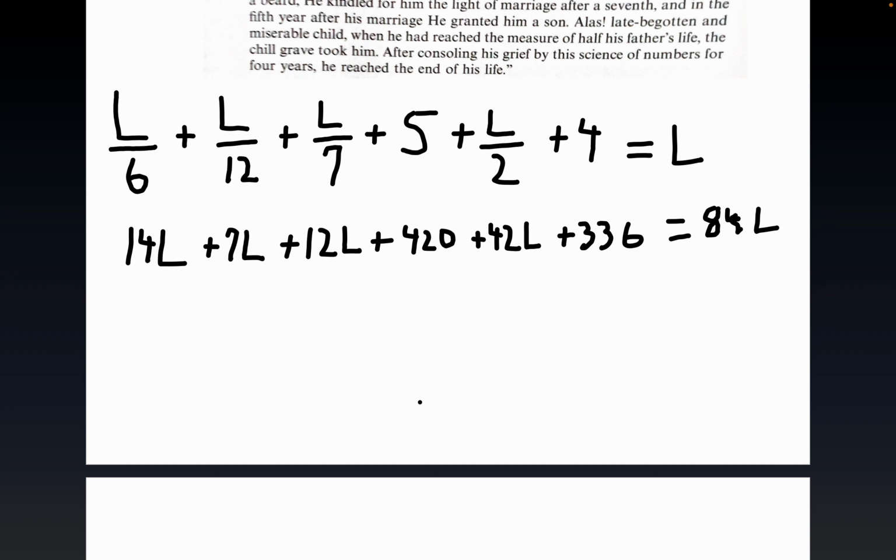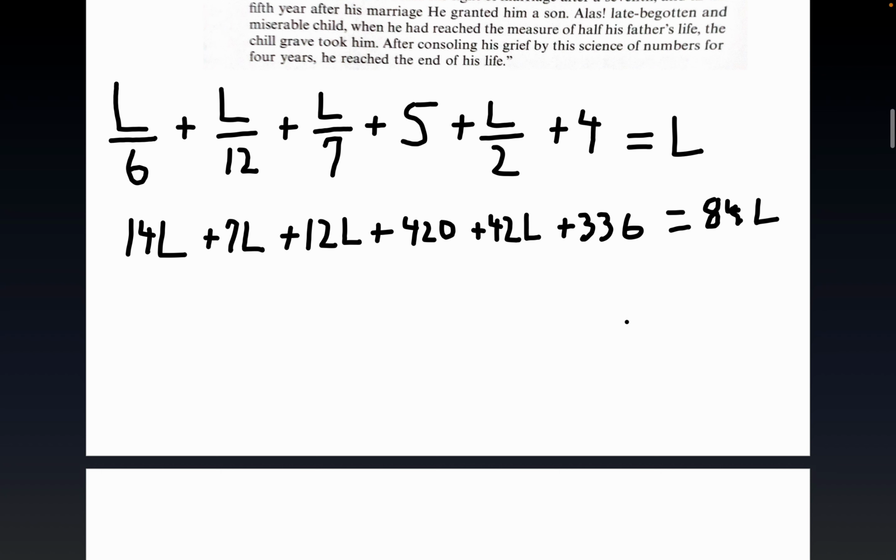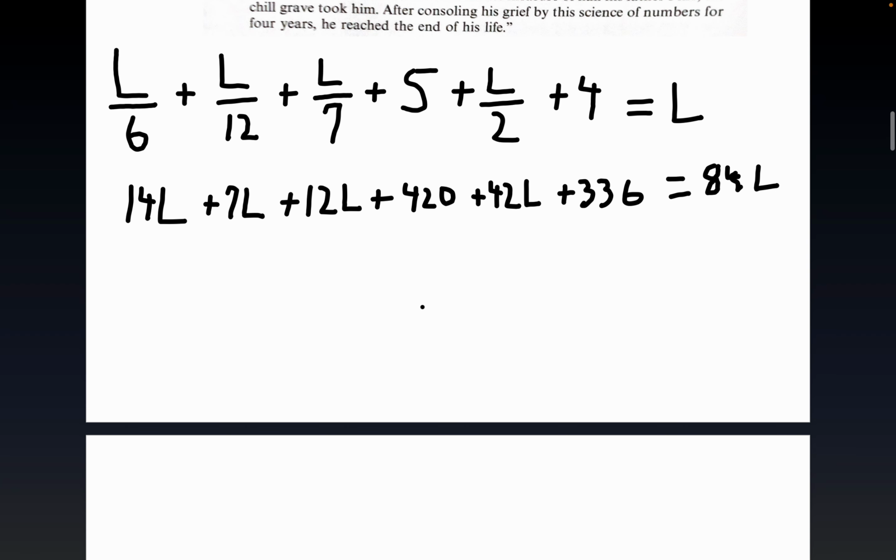So, all of this adds up to 21, 33, 77, right? So y'all, again, 14L plus 7L is 21L, 33L, 77L. Okay, so I'm going to subtract that. Let me come over here, folks. I'm going to subtract 77L from 84L. And so we'll get that this is equal to 7L on the right-hand side.